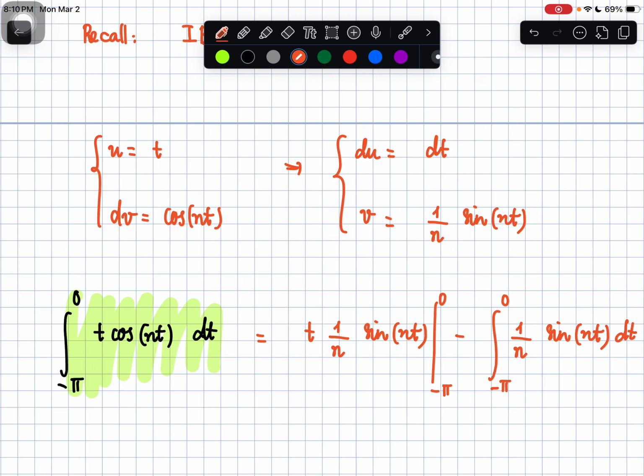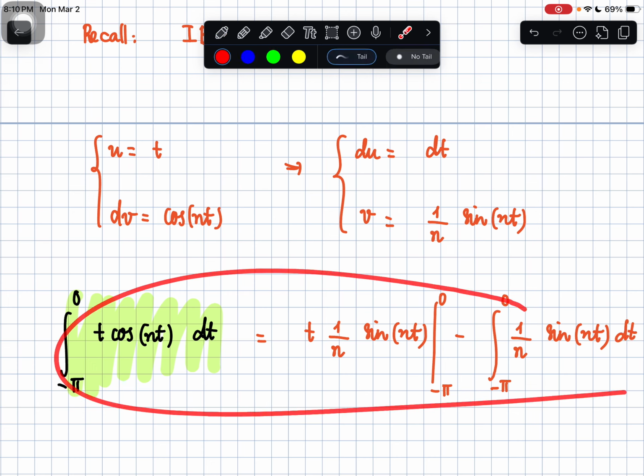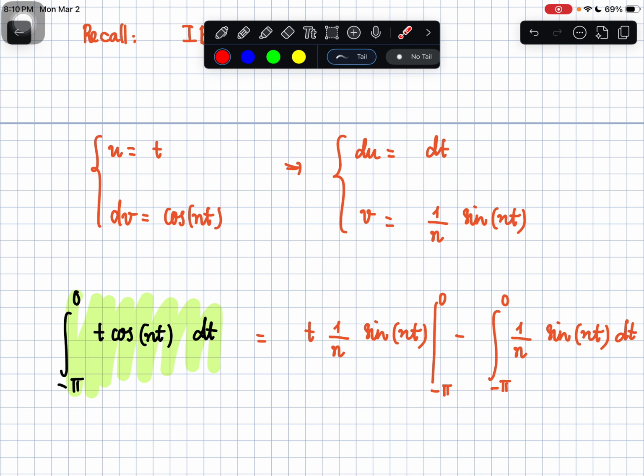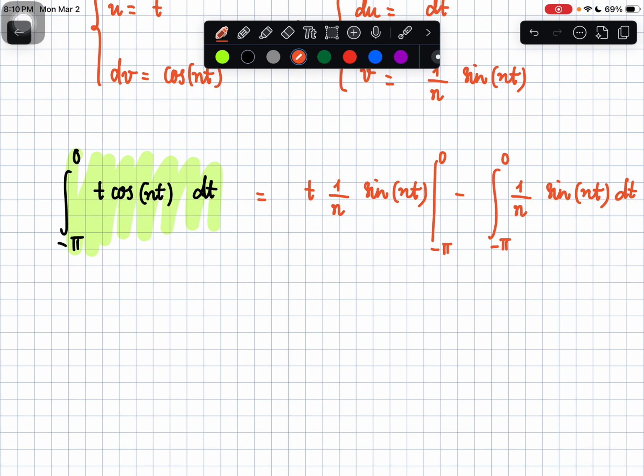So this is what we get from integration by parts. You put in the upper limit t equals 0, so 0 there.